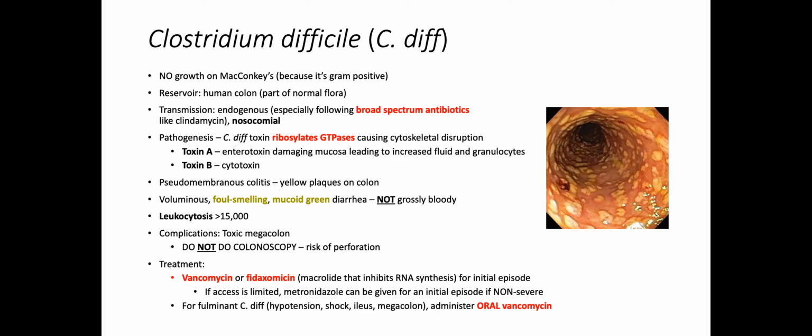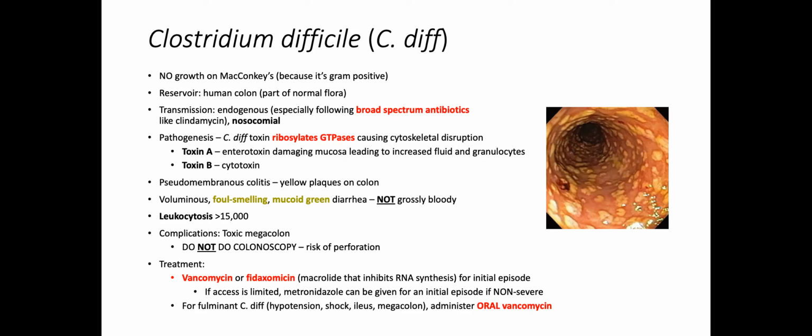So they have voluminous, foul-smelling, mucoid, green, not really bloody diarrhea. Their leukocytes are going to be elevated, greater than 15,000, not huge, but elevated, unlike some of these diarrheas. And complications can be toxic megacolon.